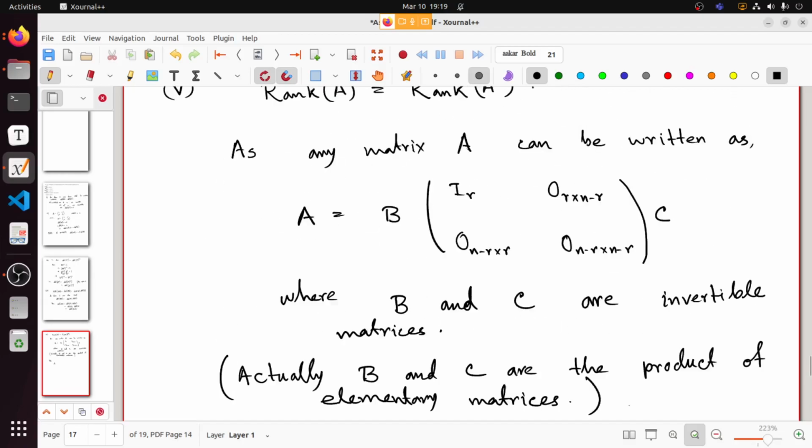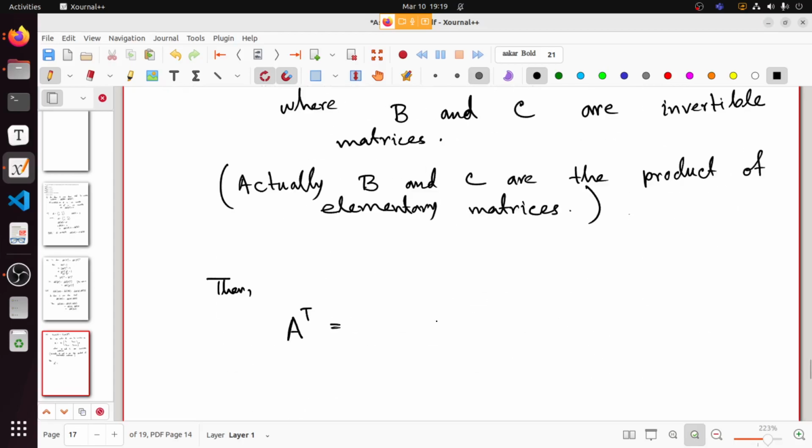If we transpose this expression, it will become C transpose, this whole matrix transposed, and then B transpose, right?